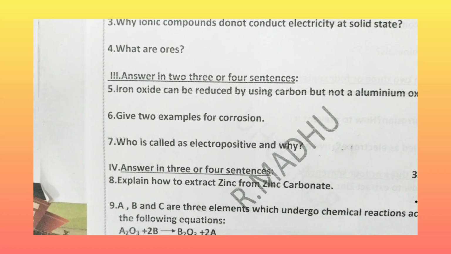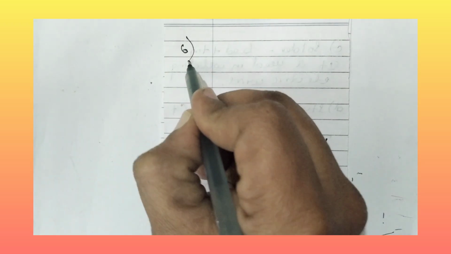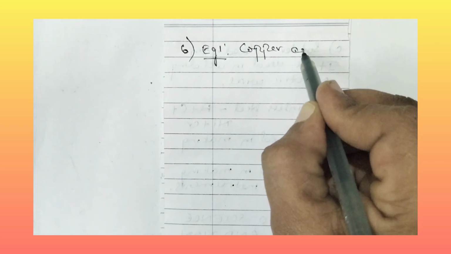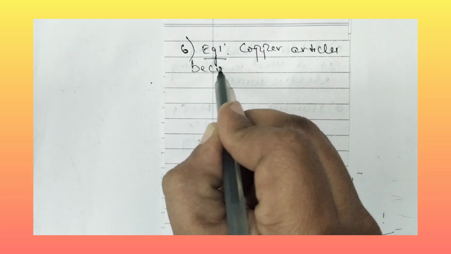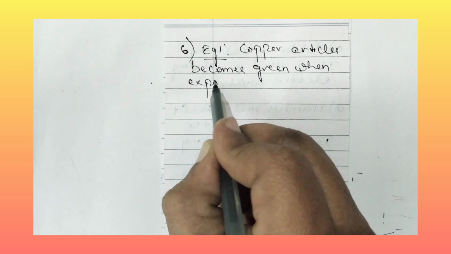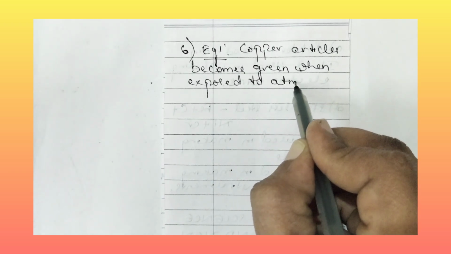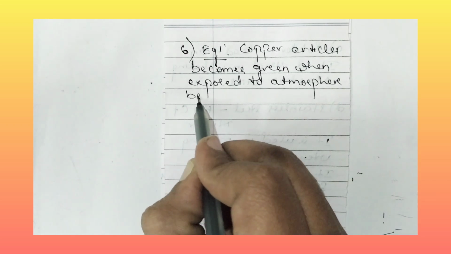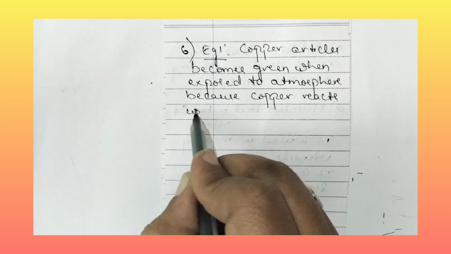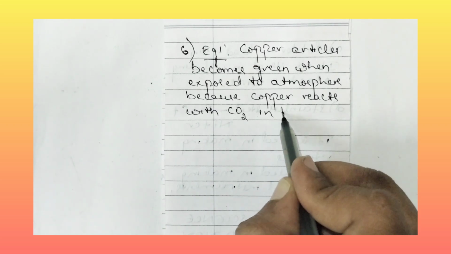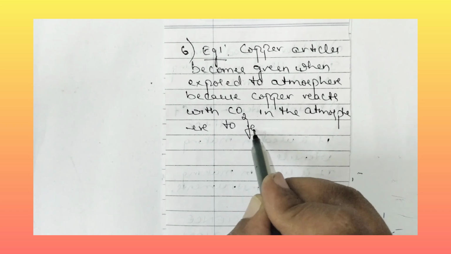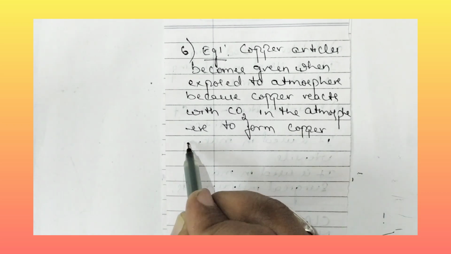Example 1: copper articles become green when exposed to the atmosphere, because copper reacts with carbon dioxide present in the atmosphere to form copper carbonate, which is green in color.